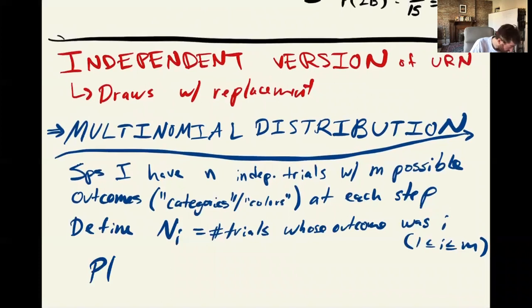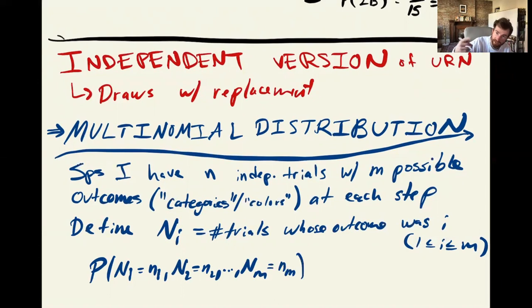So the probability that big N1 equals little n1, big N2 equals little n2, all the way down through big Nm, because there are m possible outcomes, equals little nm. Again, these are the number that occur of a particular outcome. So you think of this like the number of color balls. It's going to look something like this.